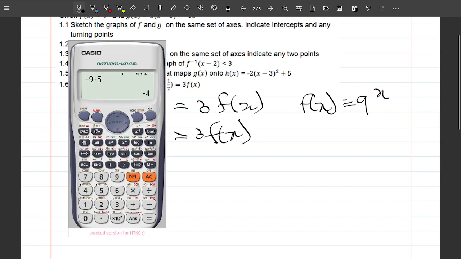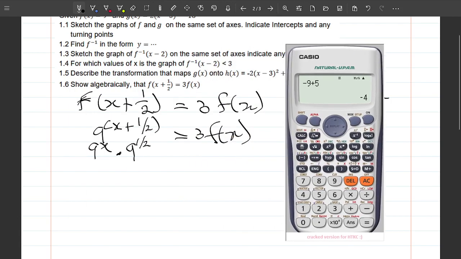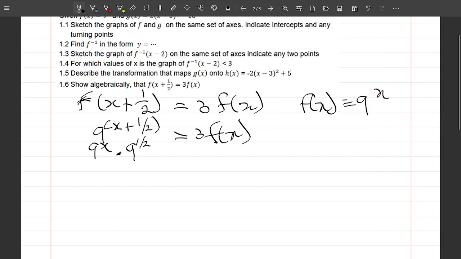There's the calculator. I'll just remove it here. Then my 9 to the half, this is really cool, is 3. So we've robbed the system. 9 to the half is just 3. So I'm just going to simplify that like so.